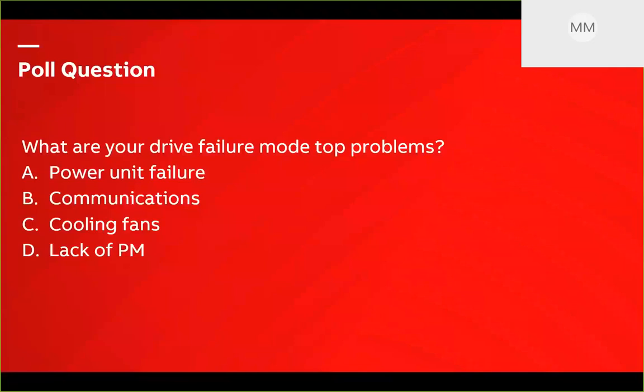But cooling fans, if they get a lot of material, a lot of dust in them, that's going to cause them to fail sooner. So fans are a common problem, or the media blocks up to the drive, causing a cooling issue. And maybe the lack of PM in general, getting eyes on the equipment, the power components where there's big current capability bus bars.